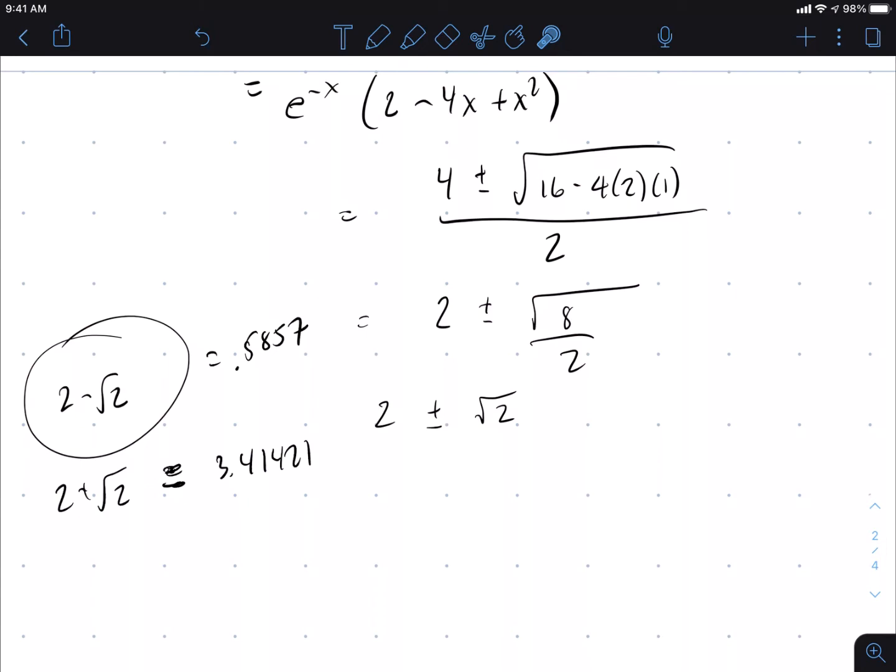Okay, so this first question's asking us where is it increasing? So it's increasing from here to here, right? So from 0 to 1, it's increasing, and then it's increasing from what is that? 3 to 1, 2, 3, 4, 5, 6, 7.